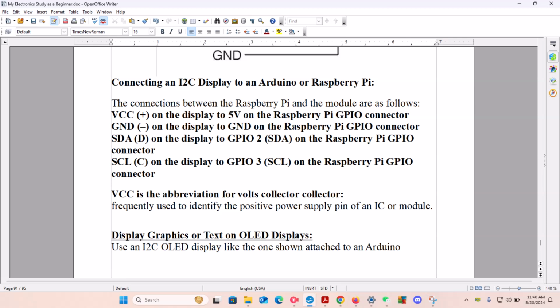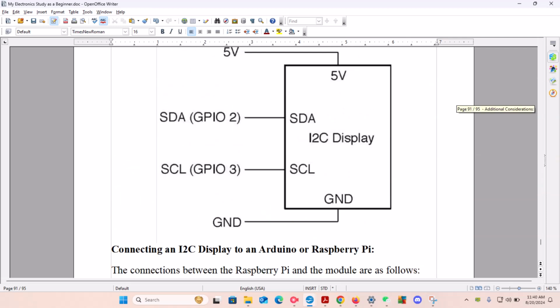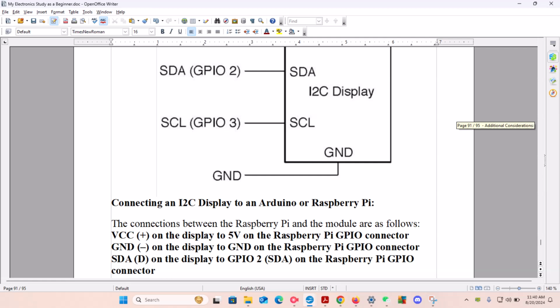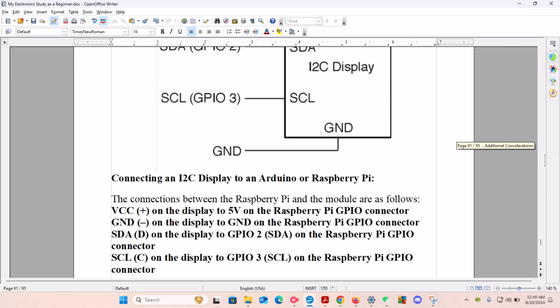Then we have SDA, D, that should refer to diode, D for diode, on the display to GPIO2 SDA. So SDA would refer to the diode, which would control the flow of the current, on the Raspberry Pi GPIO connector. SCL, that's C, would refer to the capacitor, on the display to GPIO3 SCL.